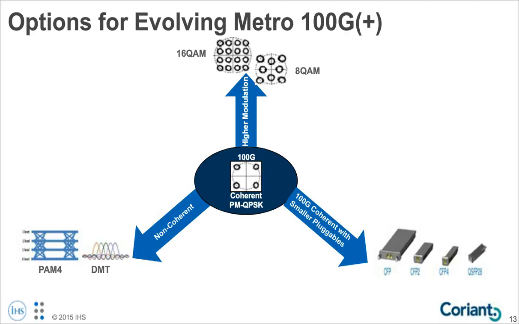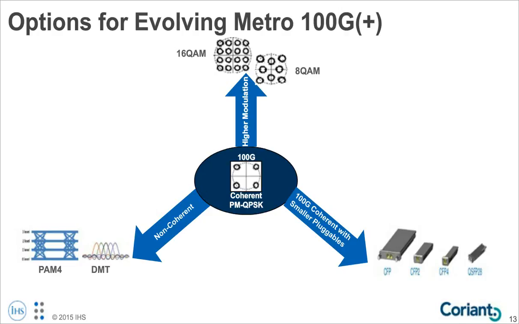The second option is not to change the modulation, to stick with exactly the same modulation, so coherent pol-mux QPSK, and really just drive to smaller pluggables. So from CFP to CFP2 to CFP4 to QSFP28, and maybe in the future to something smaller, closer to an SFP+. So that's a second direction we can take.